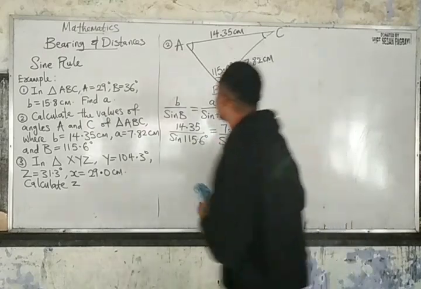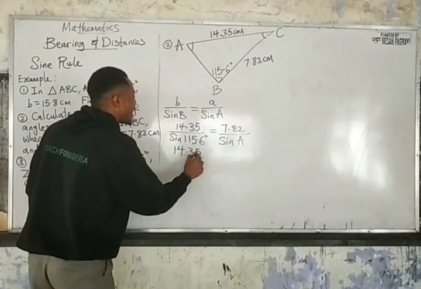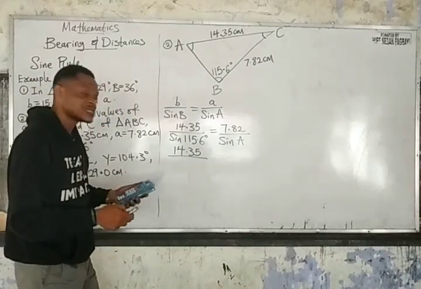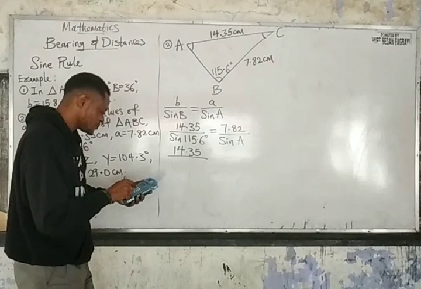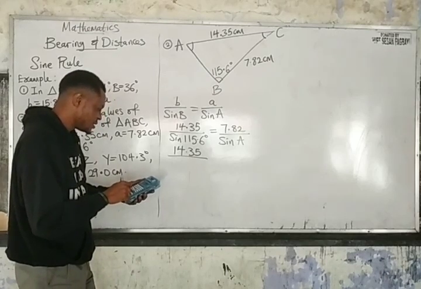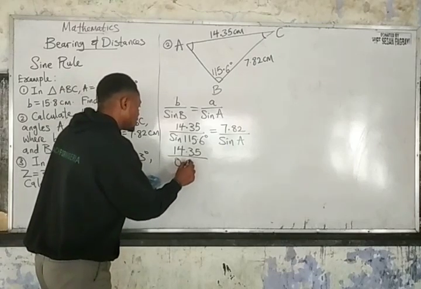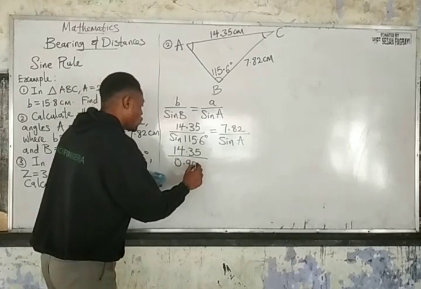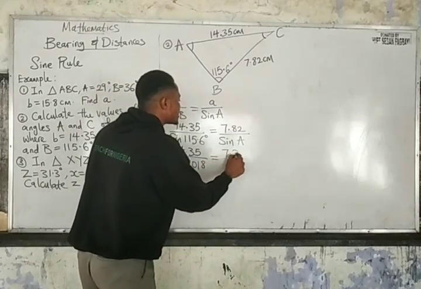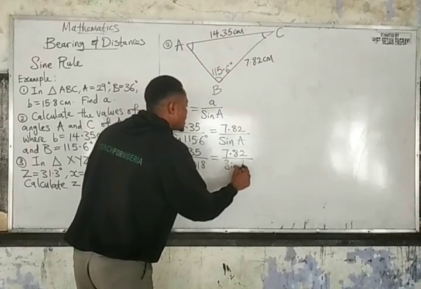We now have 14.35 all over the sine of 115.6. This gives us 0.9018 equals 7.82 all over sine A.